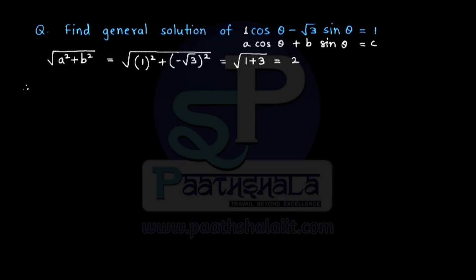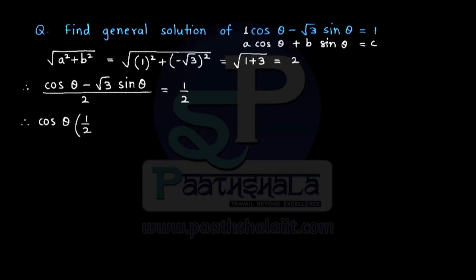So therefore dividing by 2 we get cos theta minus root 3 sin theta whole upon 2 is equal to 1 by 2. So therefore rewriting, we have cos theta into 1 by 2 plus sin theta into minus root 3 by 2 is equal to 1 by 2.